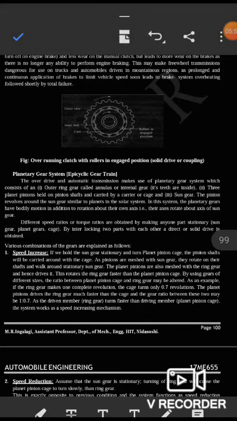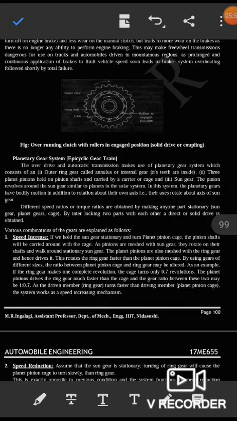Similarly here, that is why it is known as a planetary gear system. The sun gear is there and the pinions revolve around it, like planets revolving around the sun.